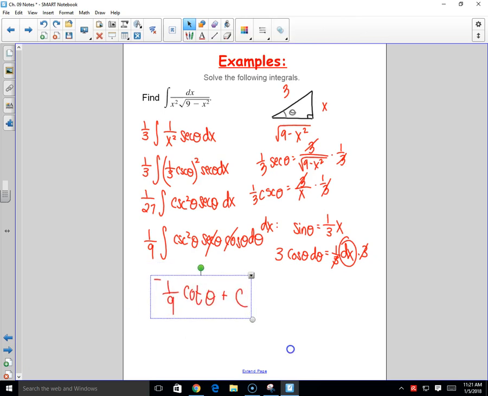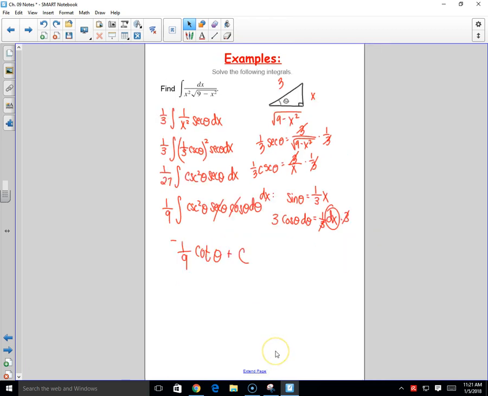Wait, I need it in terms of x. Go to your triangle. Cotangent is adjacent over opposite, or the reciprocal of opposite over adjacent. Either way, you end up with negative x over 9 square root of 9 minus x.